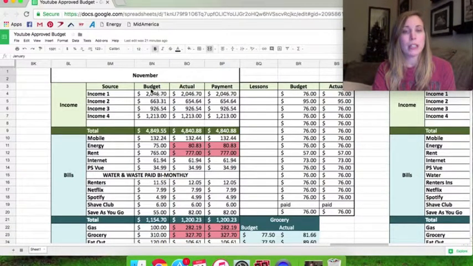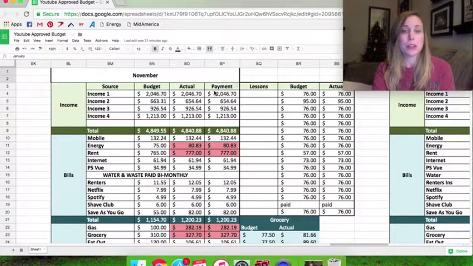Right here you can see I have a source, and then I have 3 columns. A budget column, which is what I'm expecting or budgeting for. An actual column, which will reflect what we actually brought in, and then the payment.